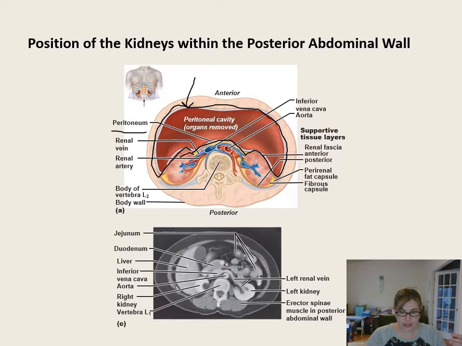So the kidneys are these little blobs. These guys are sitting along the back wall, and here's your vertebrae, spinal column. So these are your vertebral bodies. Our body is this guy. So we have our kidneys here and here sitting behind your peritoneum, retroperitoneal. And then the bottom is just diagnostic imagery that's going to show the same thing.